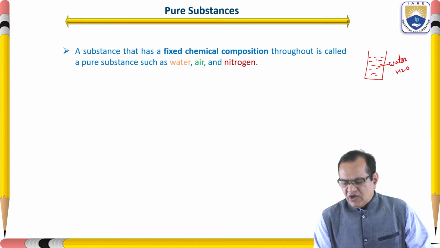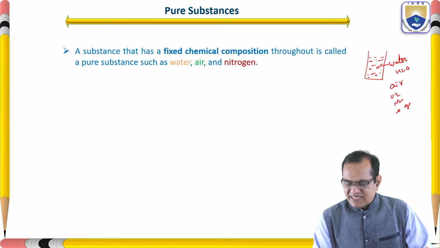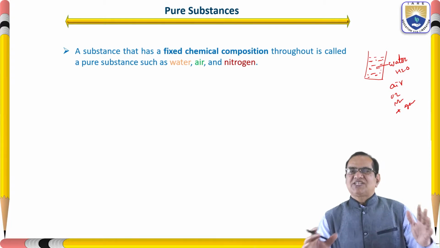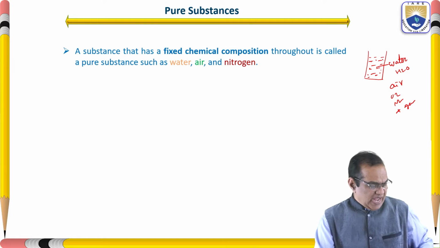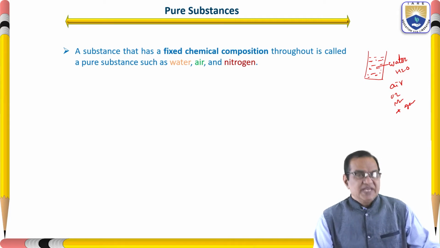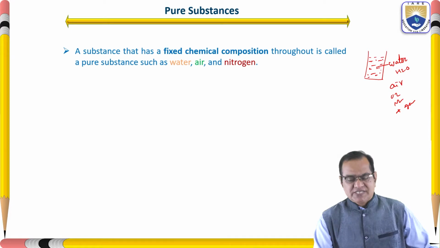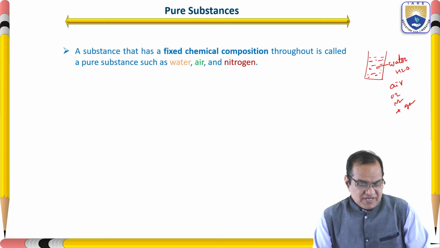At every point it will be homogeneous, and the chemical composition will be hydrogen and oxygen, H2O everywhere. In the same way, air consists of oxygen, nitrogen and some other gases, and everywhere these should be the same. This type of substance is called a pure substance, and it is chemically homogeneous.